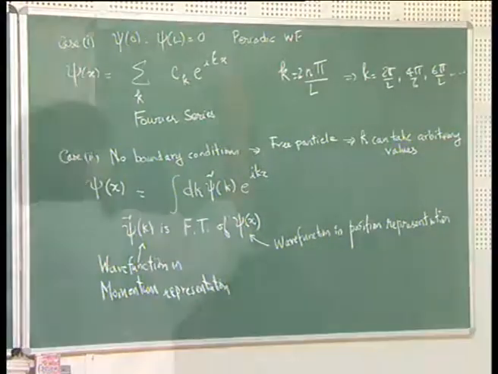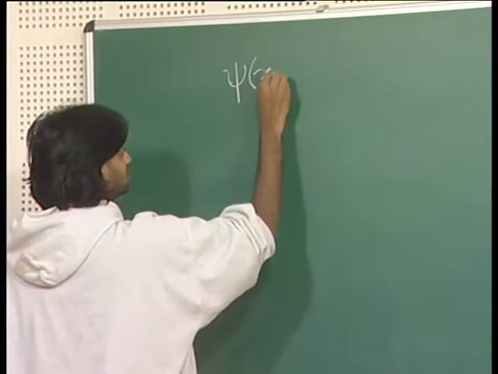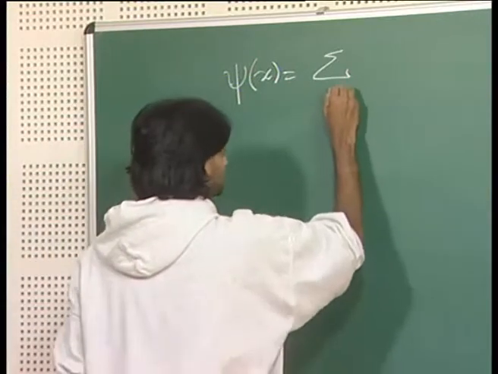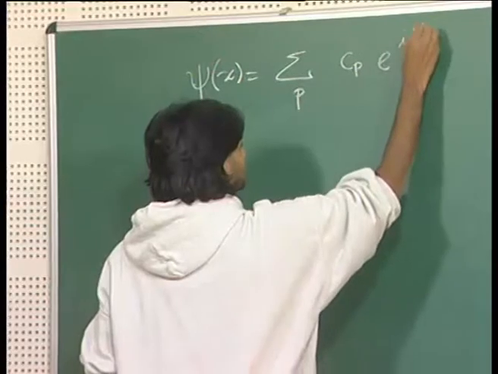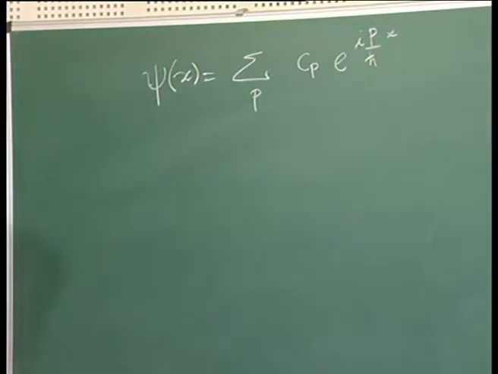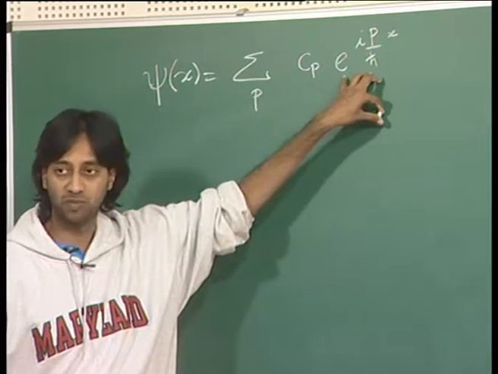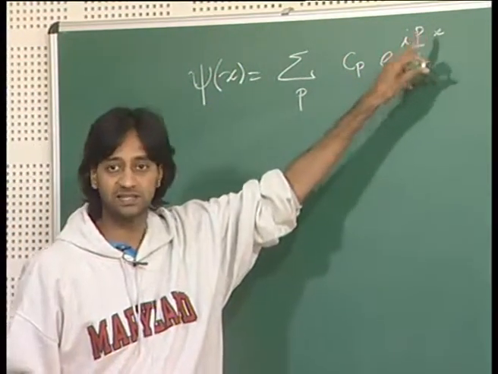So let us see. When we write psi of x is equal to the sum over, well, I will go back to p, Cp e to the i p x by h cross. So we had this, right. That means your wave function is written as a superposition of eigenfunctions of momentum. The eigenvalue of momentum corresponding to e to the i p x is just p.